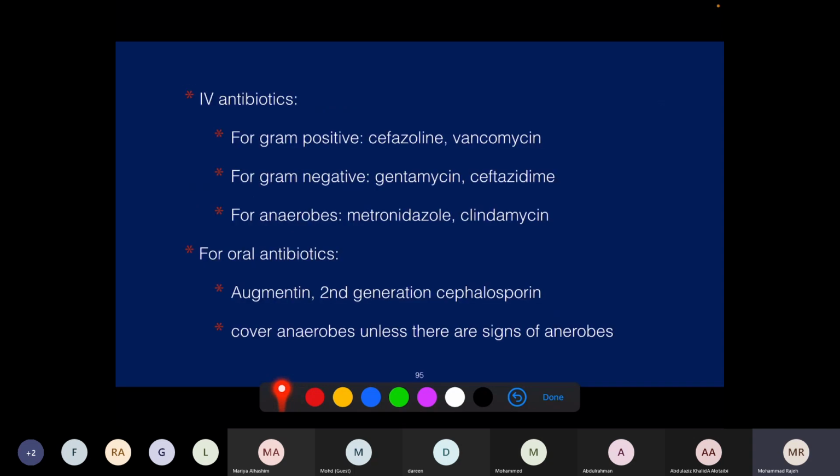This is a bonus question usually. Those usually you don't need to, because usually you involve an infectious disease specialist or a clinical pharmacist in those patients. But you say that you're going to cover broad spectrum for gram-positive, negative, and of course, because there's sinusitis, you're going to cover anaerobes.